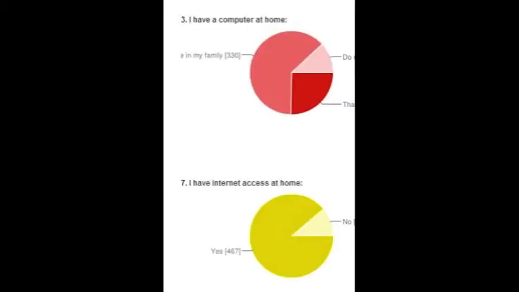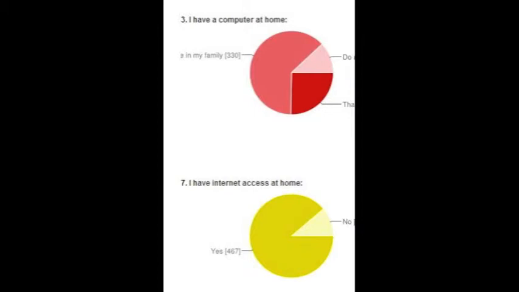We wanted to see what kind of devices they were using, how much they were using the internet, did they have internet access at home, what types of behaviors they had. So we used the form to collect the information, puts it into a spreadsheet, and with one click, it gives you a summary of the responses, such as one of the questions was, I have a computer at my home, and it gave you a response of they did, they didn't, everyone has it, personal and different things.